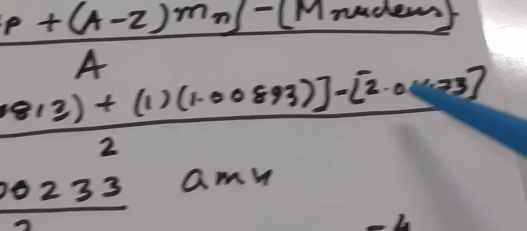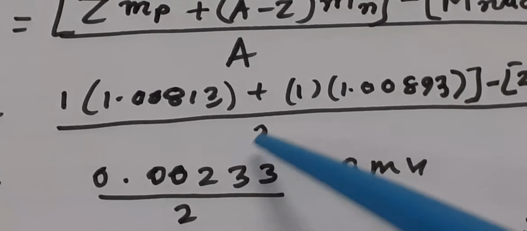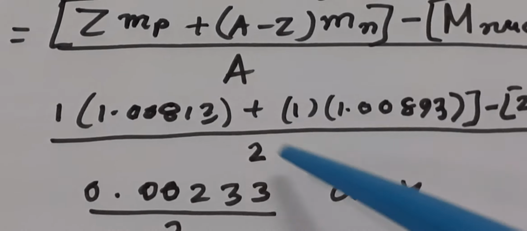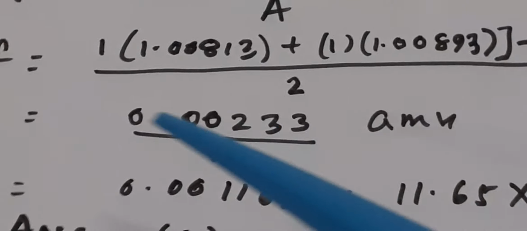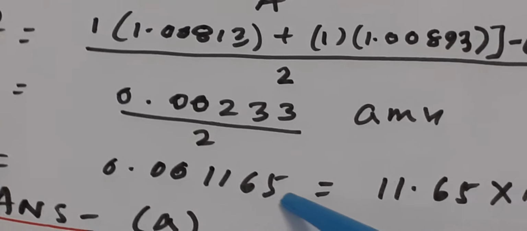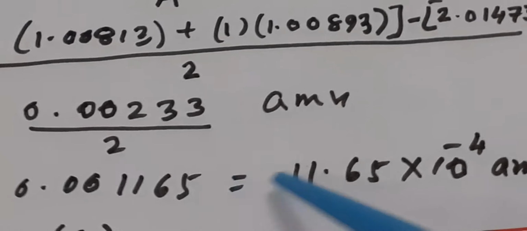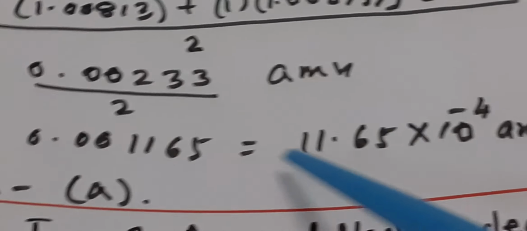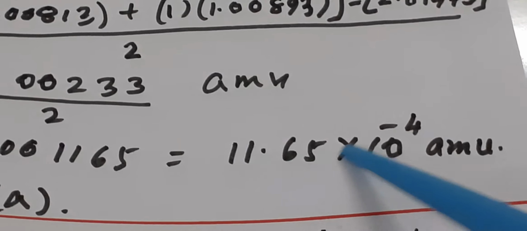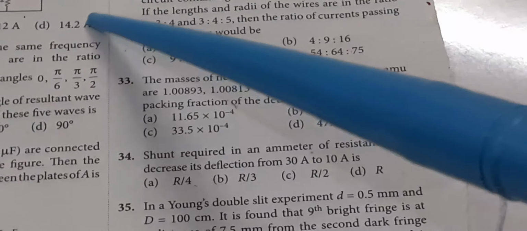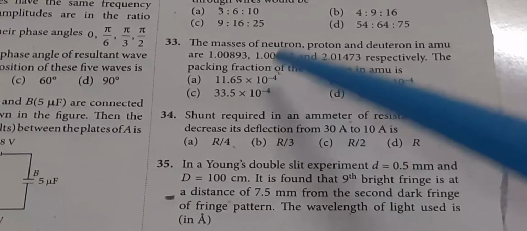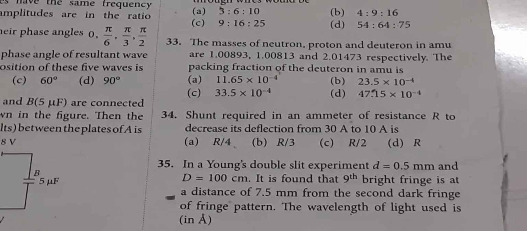Put it, divided by 2. A is 2. Now put 2 here, you will get 0.001165. This is in terms of AMU, atomic mass unit, that is 11.65 into 10 to the power minus 4 AMU. Simple job. The only thing you have to know is the formula. 11.65 into 10 to the power minus 4 will be the answer.